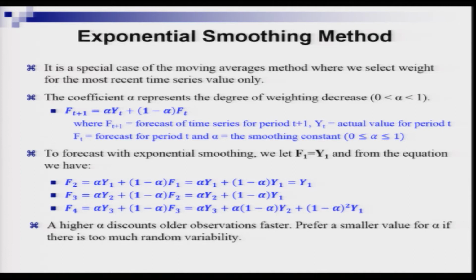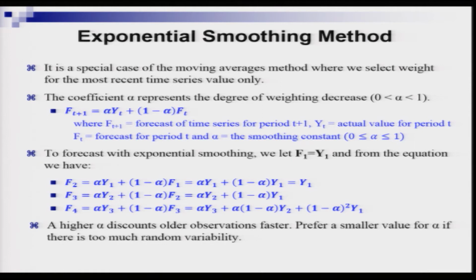So the forecast for time series point t plus 1 is a weighted average, or a convex combination, of two different time series values. One is of course the value of the time series variable in the preceding period, but f_t is the other variable to which you are applying this weight, and that is the fitted value of the time period t, which is the preceding period.